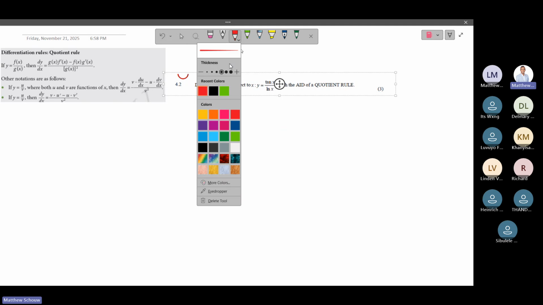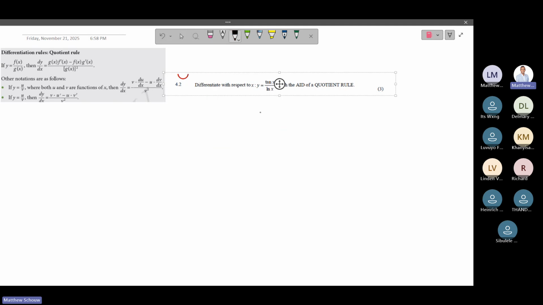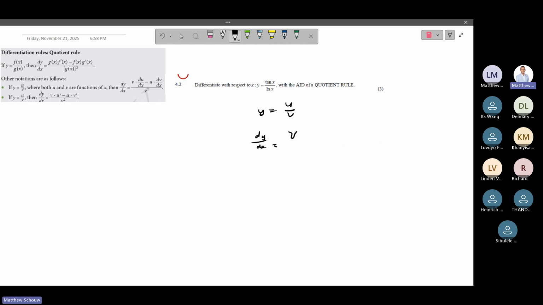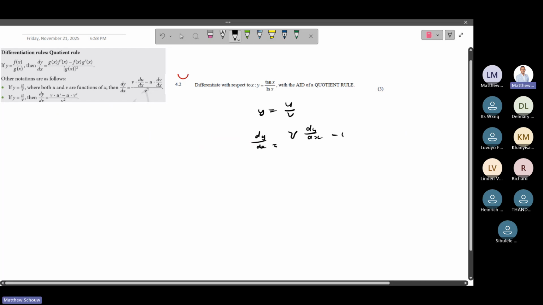So for a quotient, if y equals u over v, then the derivative, just applying a simple rule: we keep v, which is the second, find v du/dx minus u dv/dx. Then we're just dividing that by the second one squared.